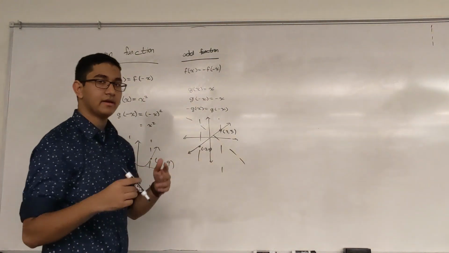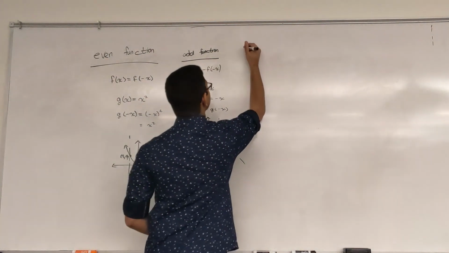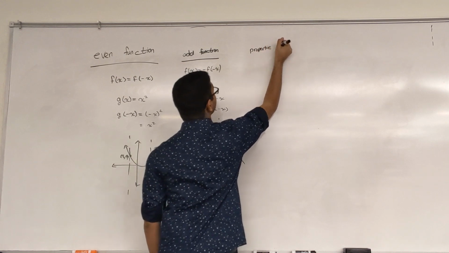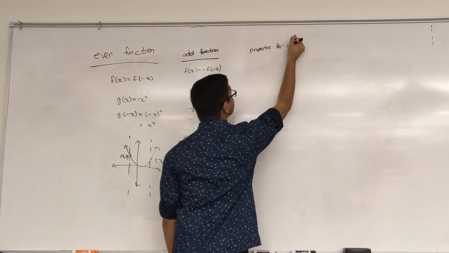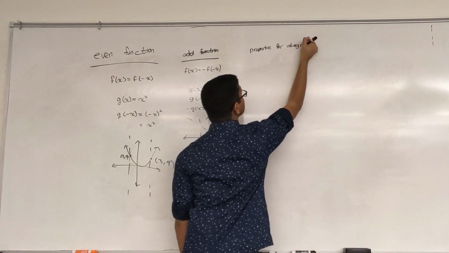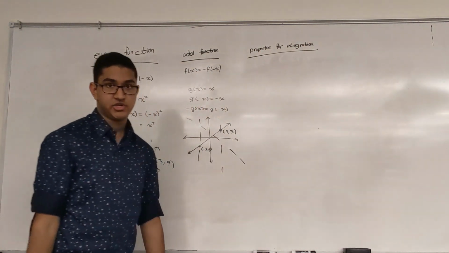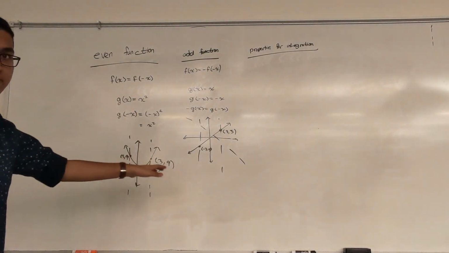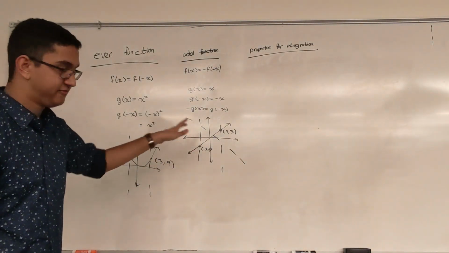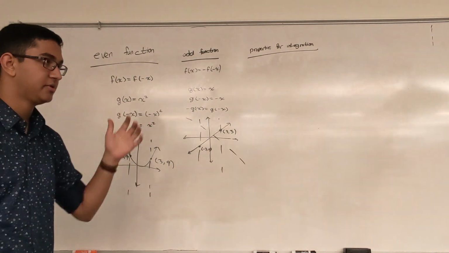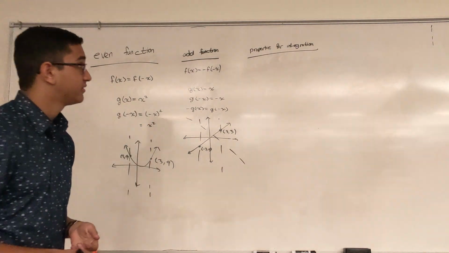And then one more complicated topic we can talk about is the properties for integration. Once again, these are very, very simple functions, but they have some interesting properties when you're considering the integration of these functions.